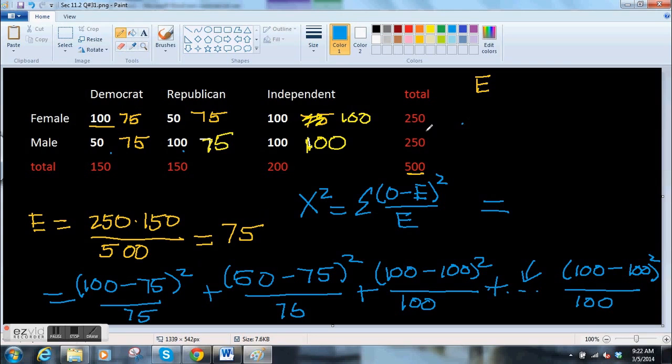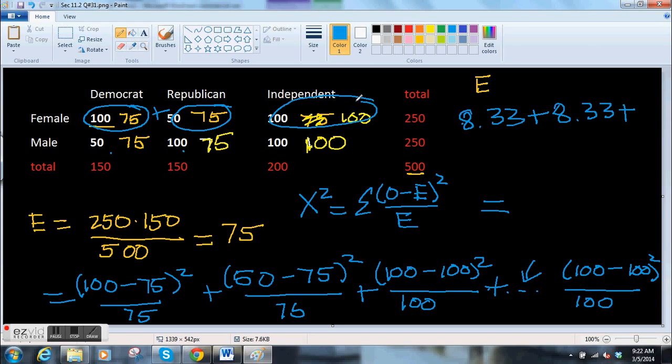So this first one is equal to 8.33. That represents this guy. Plus, this one is also 8.33, plus this one was 0, plus this guy was, did you think it was going to be 8.33? You were correct. And you have one more.